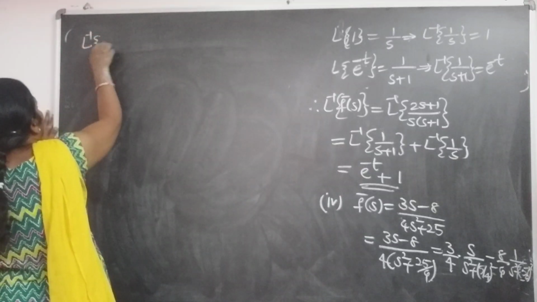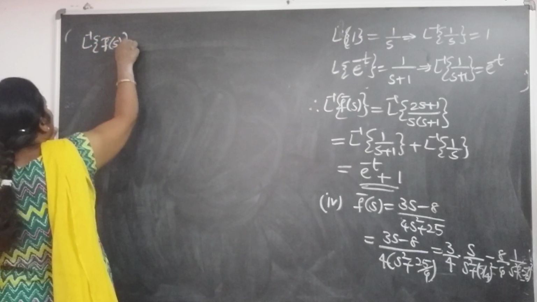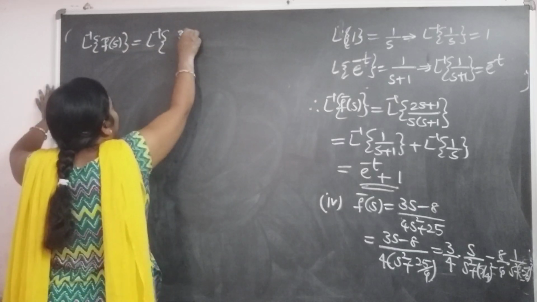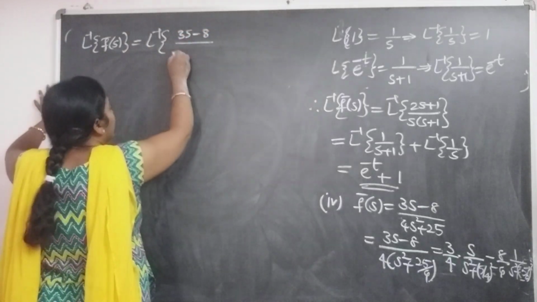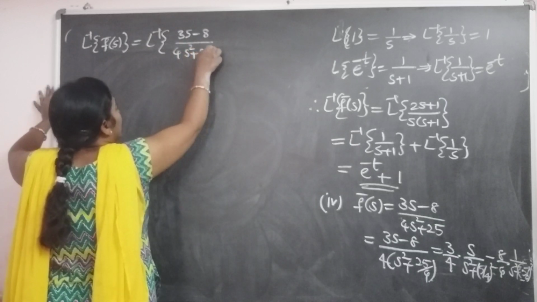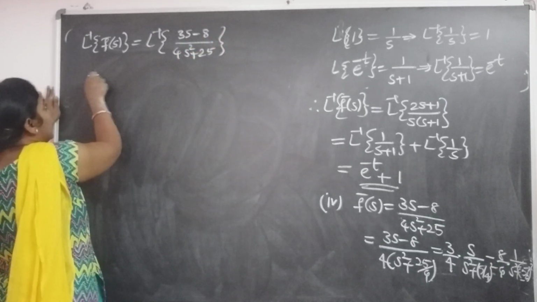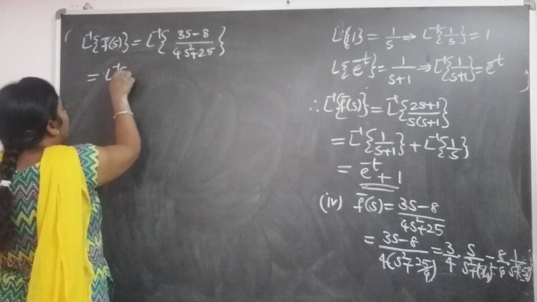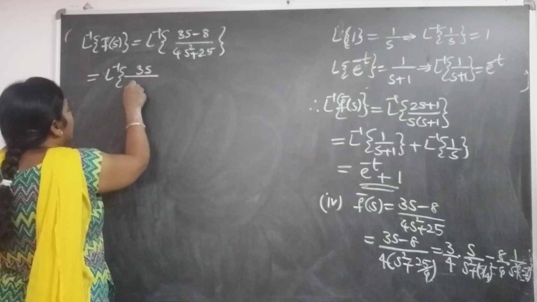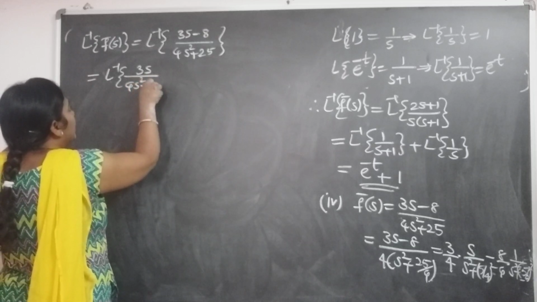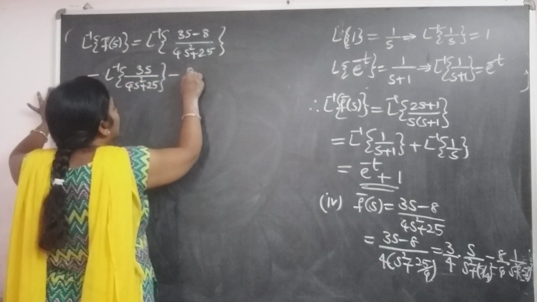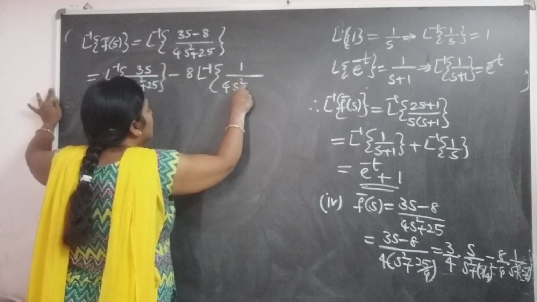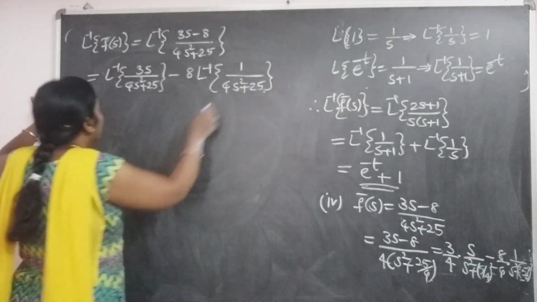Then L inverse of f bar of s is equal to L inverse of 3s minus 8 by 4s square plus 25, that is equal to L inverse of 3s by 4s square plus 25 minus 8 L inverse of 1 by 4s square plus 25.